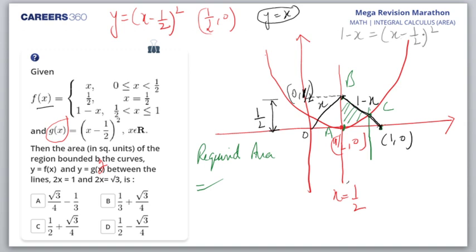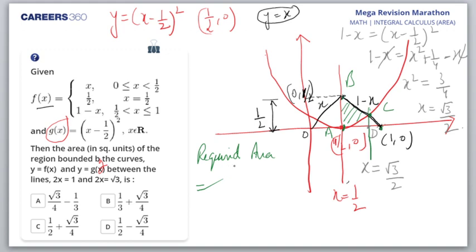So when I solve it, what do I get? 1 - x = x² + 1/4 - x. Minus x and minus x get cancelled. x² becomes 3/4, or since it is the first quadrant, I'll take the positive root only, √3/2. So this abscissa is x = √3/2. Is that right? And this point I will call D.